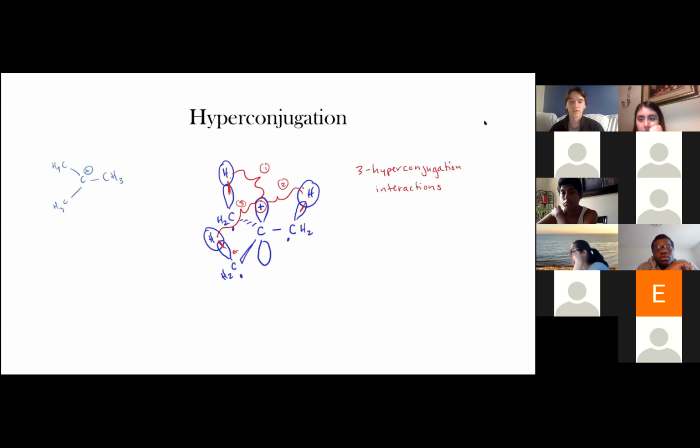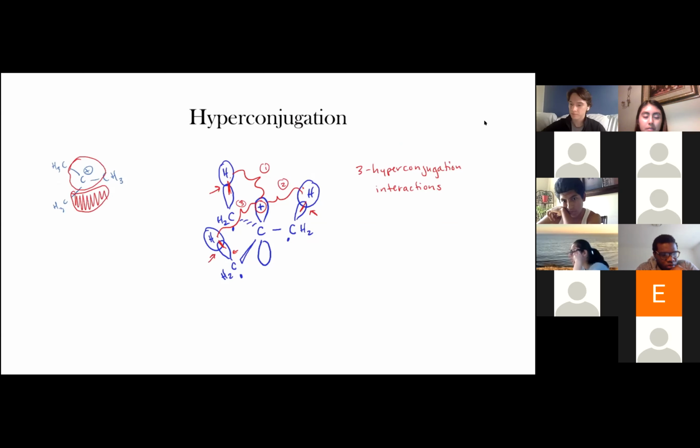Sorry. No, so it's the overlap of these bonds right here, these 3 bonds with the single p orbital in the middle, right? So the p orbital, if you want to think about it, has this sort of thing like this right in the middle.